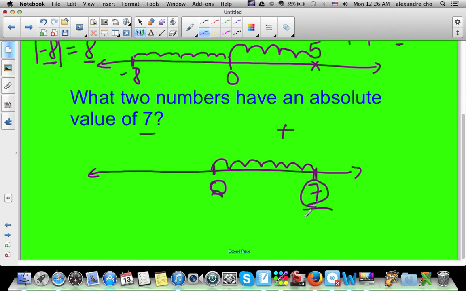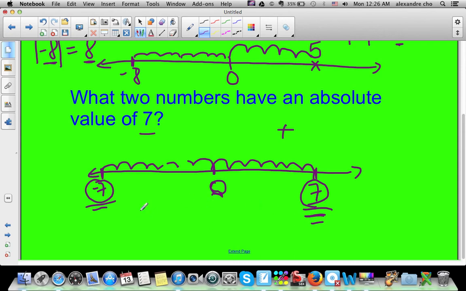So that's one number. And guess what? There is another number. On the other side, on the negative side, this number is also 1, 2, 3, 4, 5, 6, 7 spaces away from 0. So there are two numbers that have an absolute value of 7.